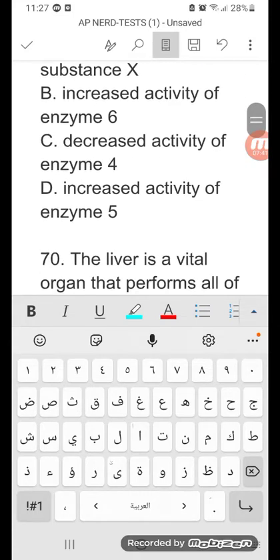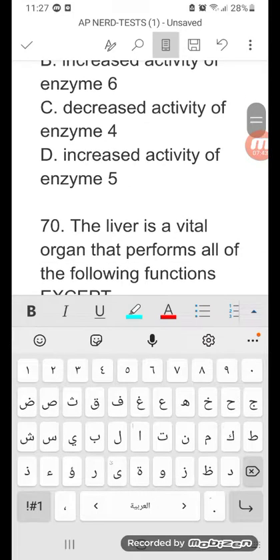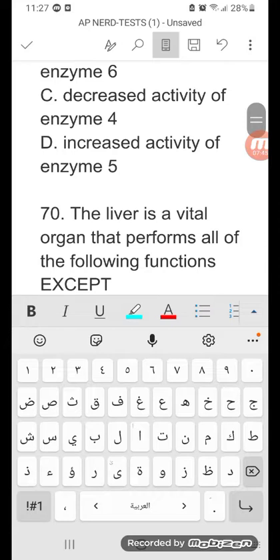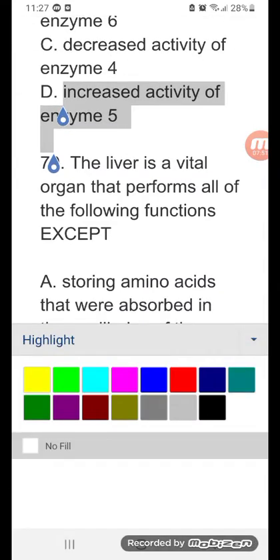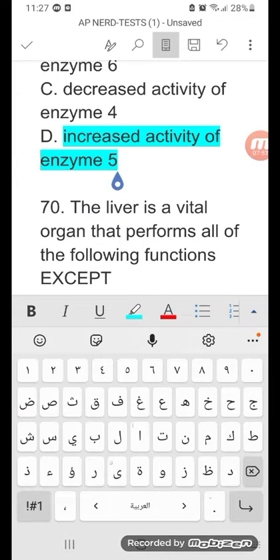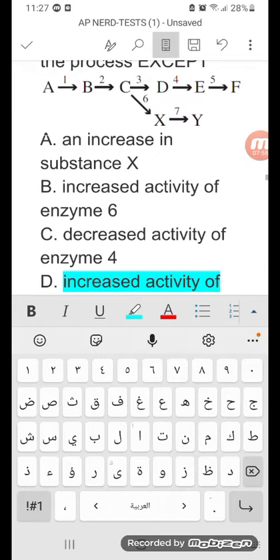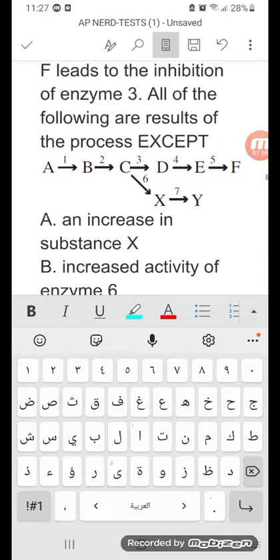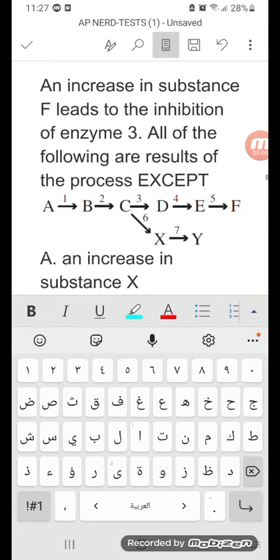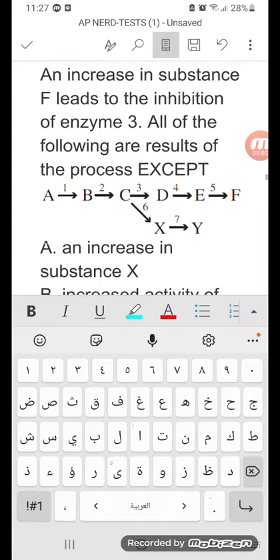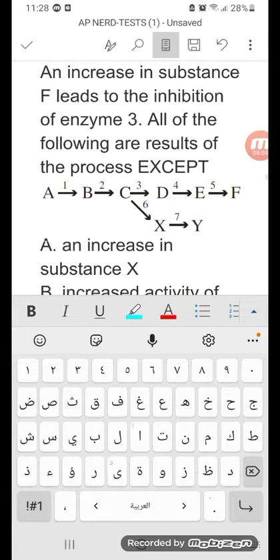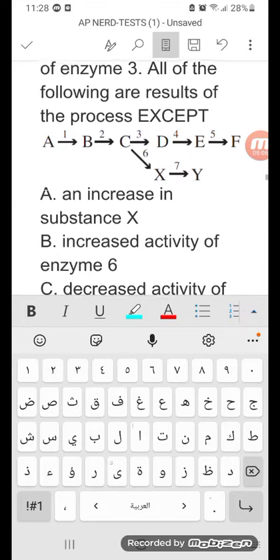Oh, except increase activity enzyme F. Okay, why? Increase of substance F leads to inhibition of 3.